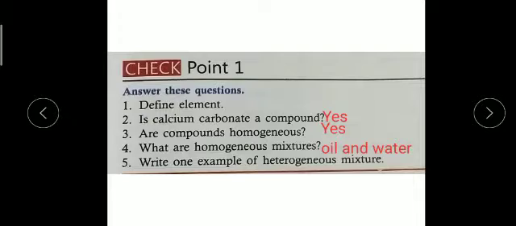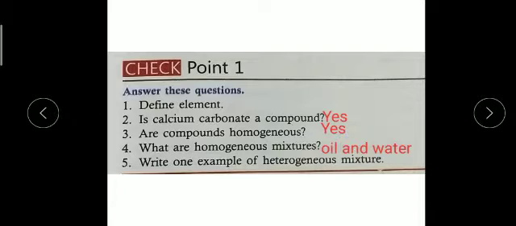Now in the second part they are asking, is calcium carbonate a compound? The answer is yes, calcium carbonate is a compound because it is made up of calcium, carbon and oxygen. Now, are compounds homogeneous? Yes, compounds are homogeneous. On the same page number 32 you will get the answer.